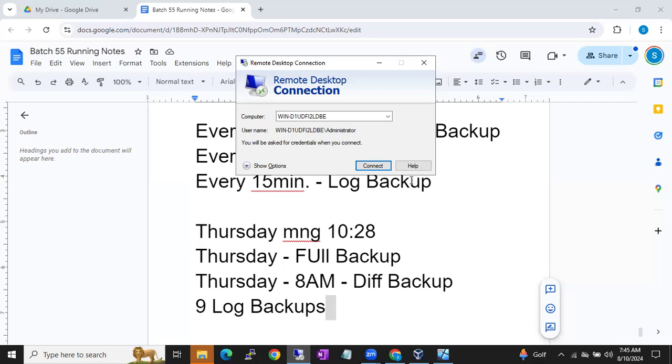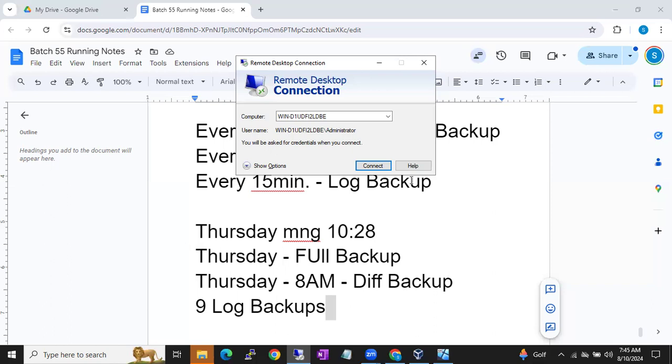Now RPO, recovery point, means till what point I can recover, till which state I can recover the data. That is called recovery point objective. Here I can recover the data till 10:15.